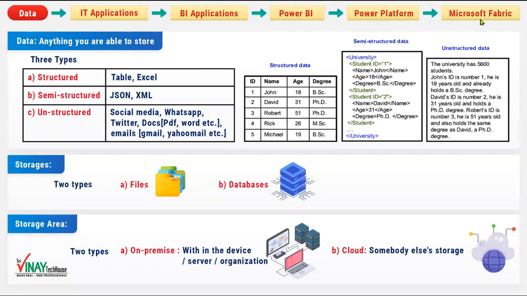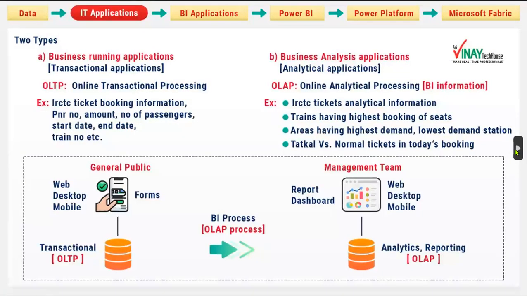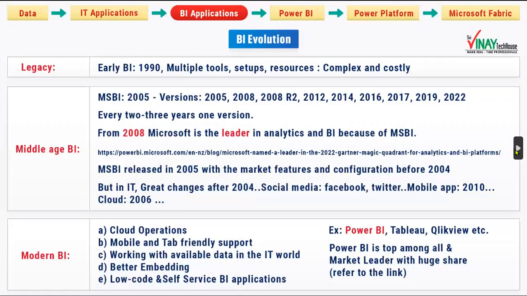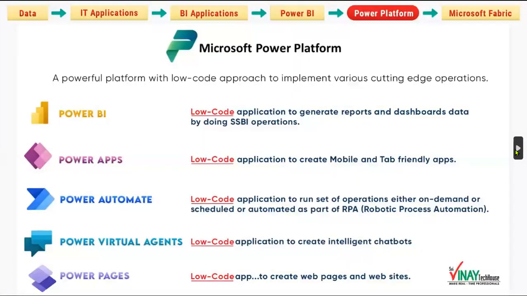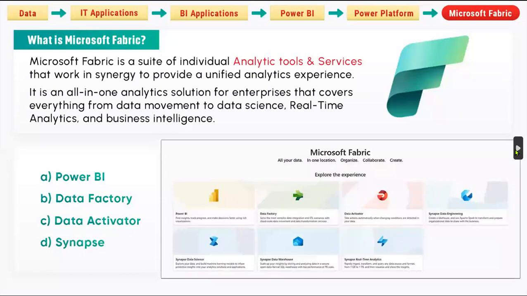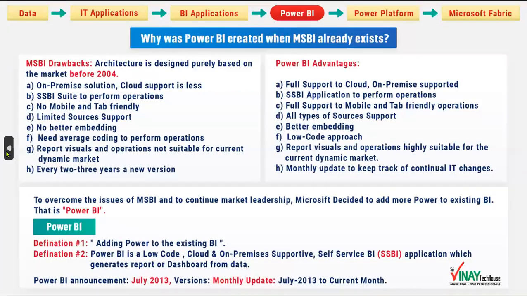This complete part I explained yesterday. So kindly go through yesterday's video to continue. But I will start from here: why was Power BI created when MSBI already exists? From here, I will start.